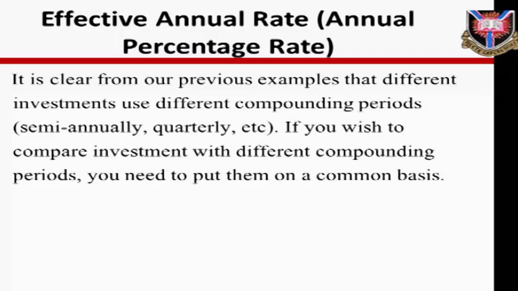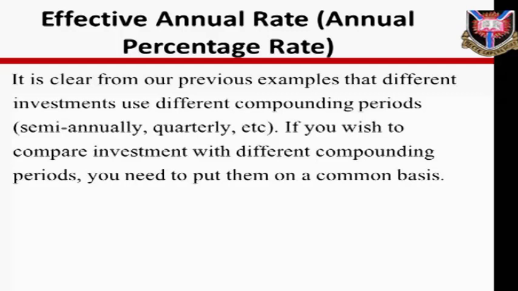Effective annual rate, annual percentage rate. It is clear from our previous examples that different investments use different compounding periods, some semi-annually, others quarterly. If you wish to compare investments with different compounding periods, you need to put them on a common basis.